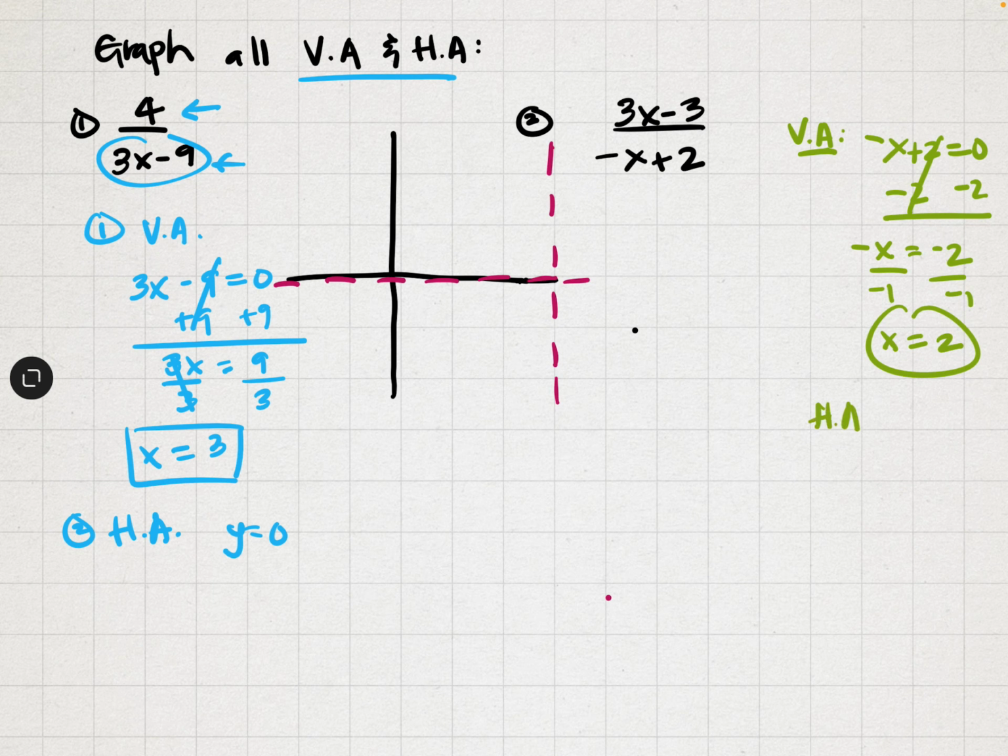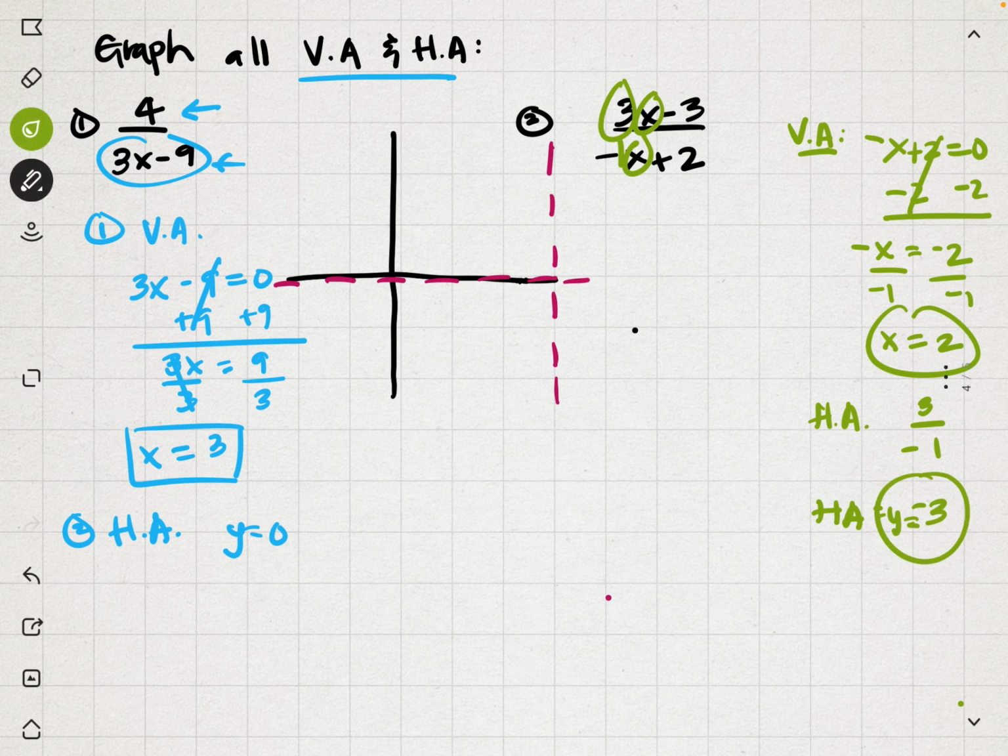And then for our horizontal asymptote, the degree on top is 1. The degree on bottom is also 1. So we know we have to take the coefficients here. So 3 over negative, and because we don't have a number in front of x, we assume it's 1. So our horizontal asymptote is at negative 3.